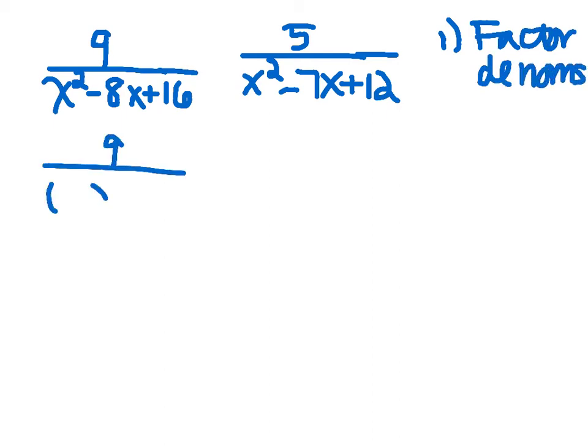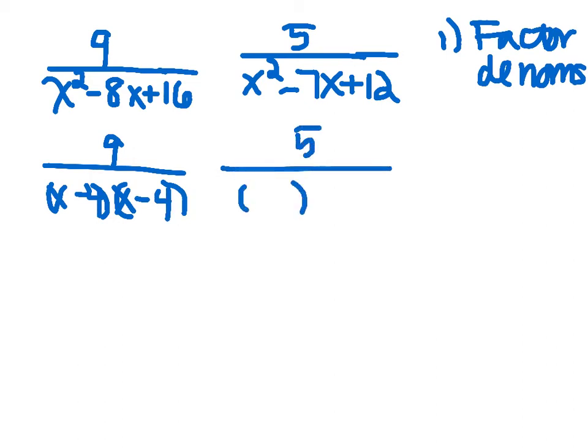So, try (x )(x ), signs are the same. Numbers that multiply to 16 add to 8. Try (x )(x ), signs are the same. Multiply to 12, add to 7: 3 and 4. So you can see this is (x minus 4) times (x minus 4). This is (x minus 3) times (x minus 4).